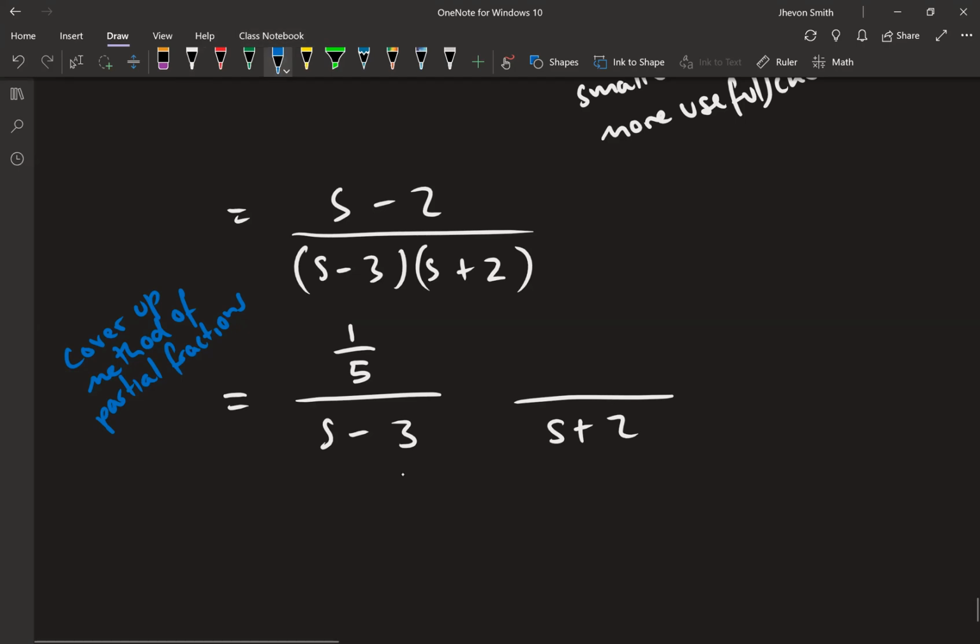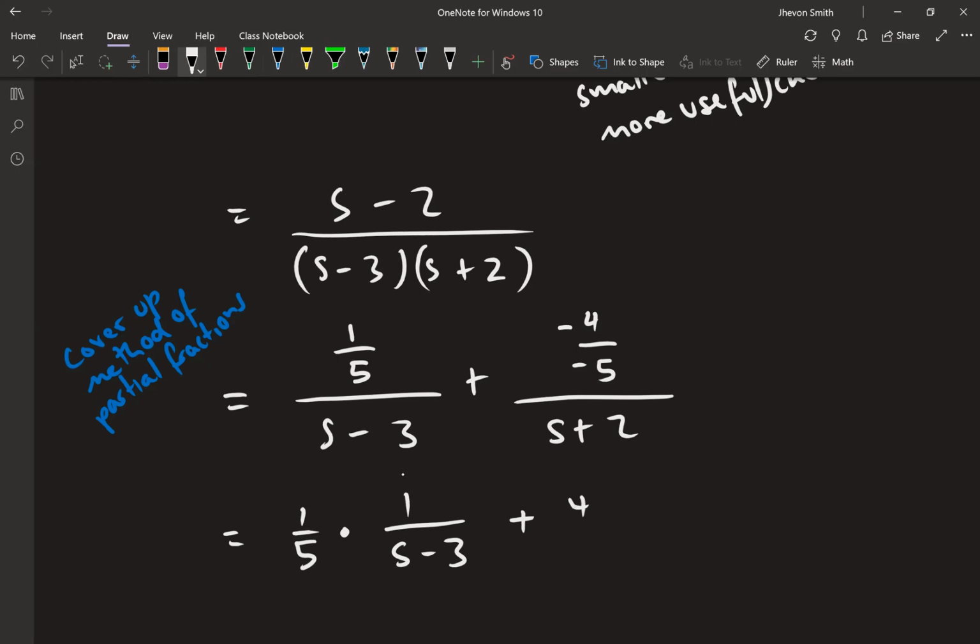Then I'm going to go here, cover up the s plus 2. Then I'm going to plug in what would have made that 0, meaning I'm going to plug in s equals minus 2. Plugging in s equals minus 2 would lead me to minus 4 over, well, minus 5. Those are the partial fractions. So this guy looks like 1/5 times 1 over s minus 3 plus 4/5 times 1 over s plus 2.